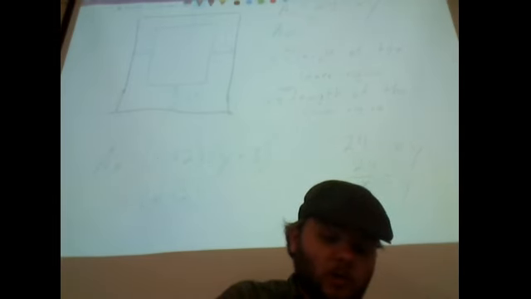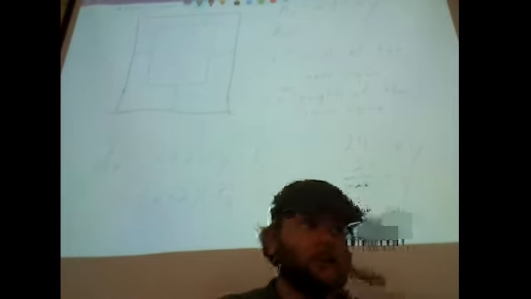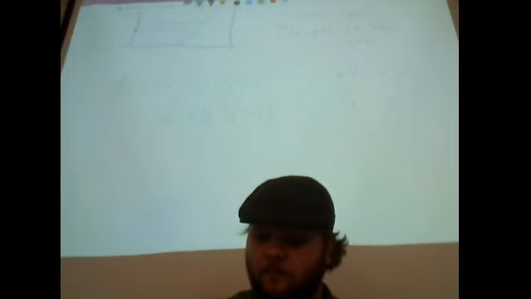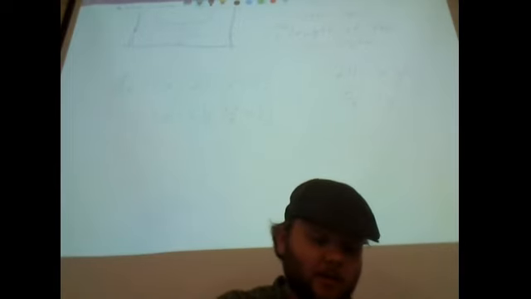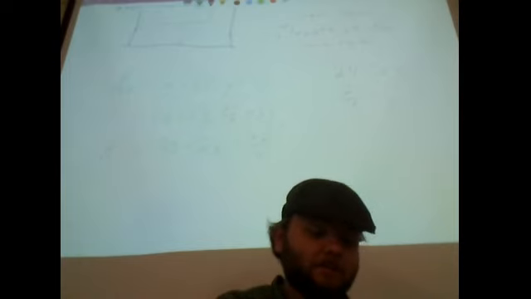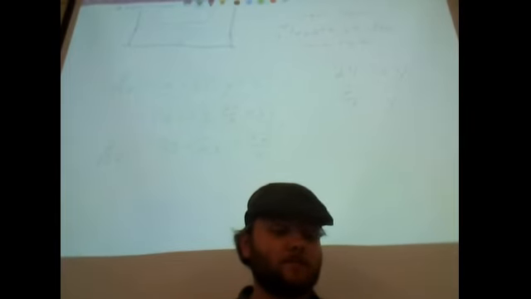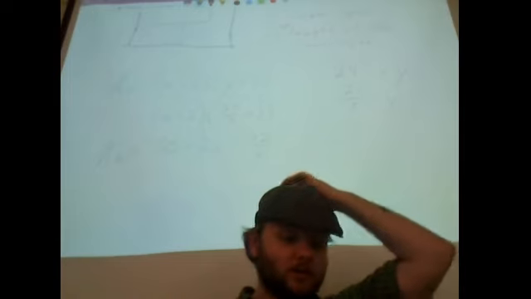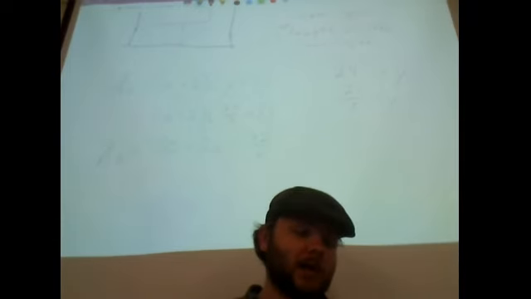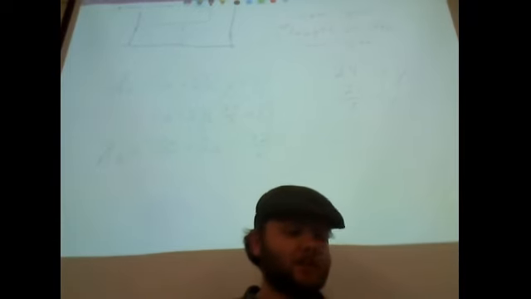We have 4 minutes left, so let's answer this question in 4 minutes, shall we? So, I have this region, and I have an inner region. Now, this margin is 1.5. This is 1.5.